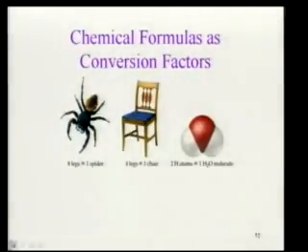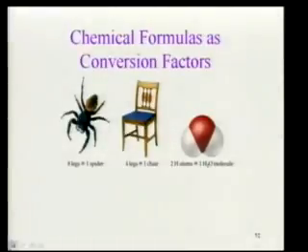Now, I'm sure you could get some kind of tripod type chair, but don't overanalyze the situation. Okay? Stay with me here. So a chair by definition is a chair if it has 4 legs, we'll say. A spider is technically supposed to have 8 legs. Okay? So we can say that 8 legs is equivalent to 1 spider. We could say that 4 legs is equivalent to 1 chair.